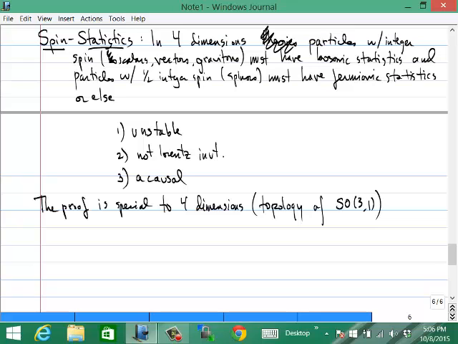But the reason why I bring it up is that it fails in lower dimensions. Now, this may not be interesting to you if you happen to remember that we live in 3 space and 1 time dimensions.